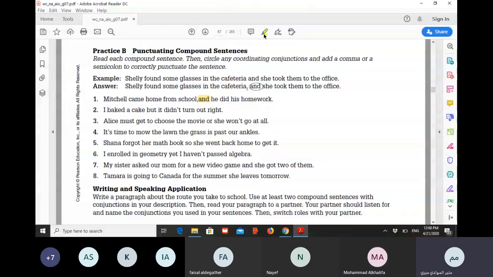Teacher, can I make number 4? Sure. And then what else? It says add a comma or a semicolon to correctly punctuate the sentence. Comma. Does the sentence need a semicolon or a comma? Comma. Where? Before but.